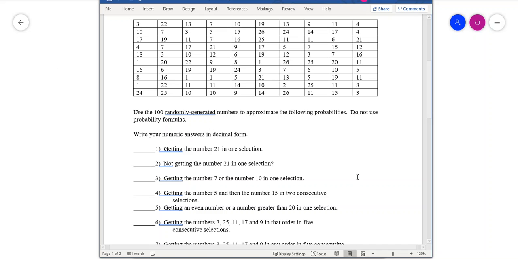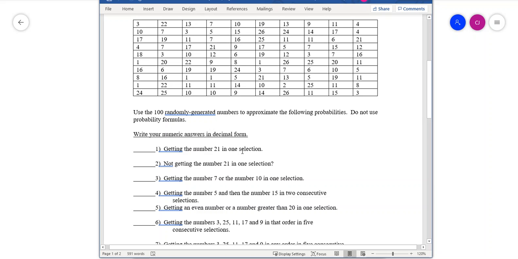We're using this sample to generate a general idea of the population, but this is all we've got. When you go out and collect a sample, that's all you have, and then you try to infer to the population.